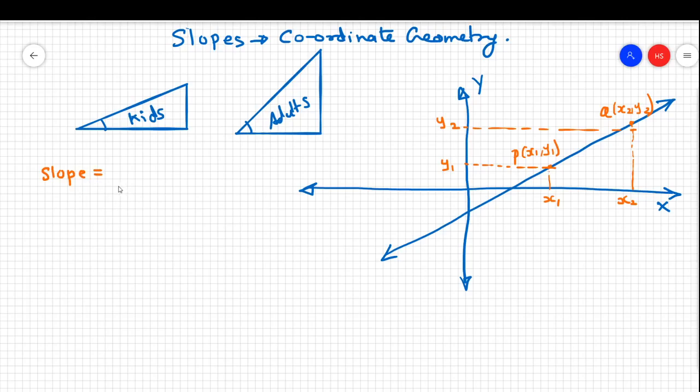Mind you, not the garden definition. Here slope is simply y2 minus y1 upon x2 minus x1. That is the definition of slope in coordinate geometry.